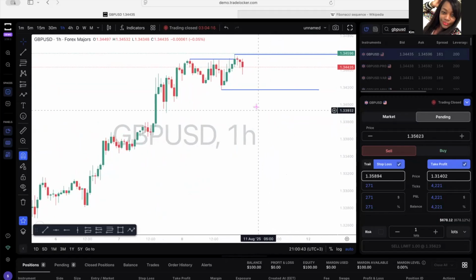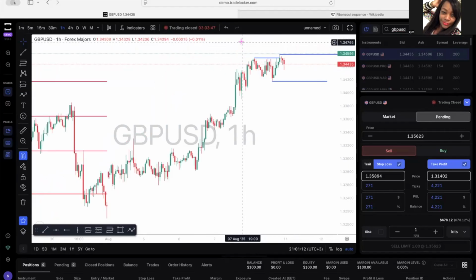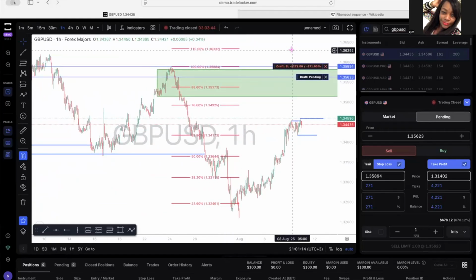And I'm almost thinking that it's probably going to break above. Just FYI. And why do you think that? The way this pulled back and rejected right here, I think it's probably going to go up. I don't know, that's just my thoughts. To be honest, I want it to go up.